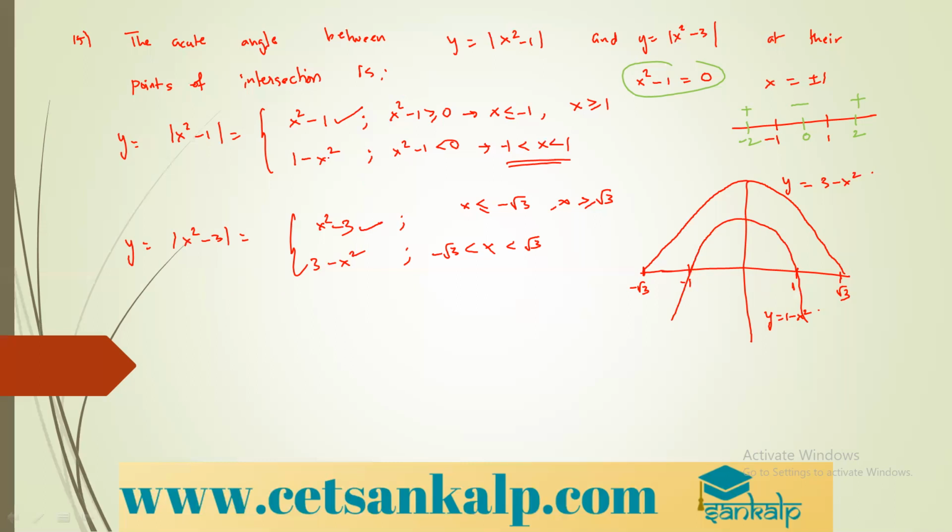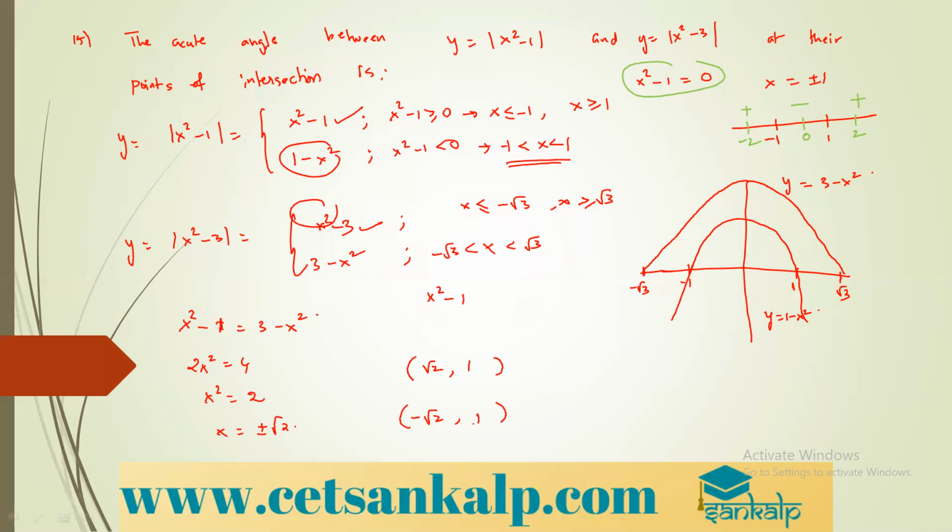So you have to set one negative and the other one positive, or one positive, the other one negative. x square minus 1, I will set with 3 minus x square. 2x square equal to 4, x square equal to 2, x equal to plus or minus root 2. When x is plus root 2, what is y? When x is minus root 2, what is y? You can put it in x square minus 1. So x square means 2 minus 1, 1 for both.